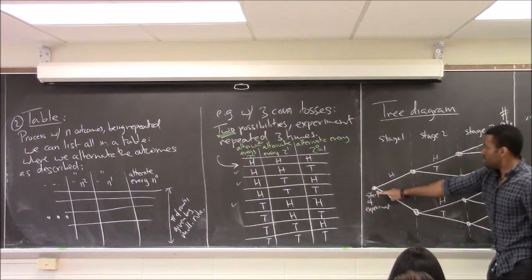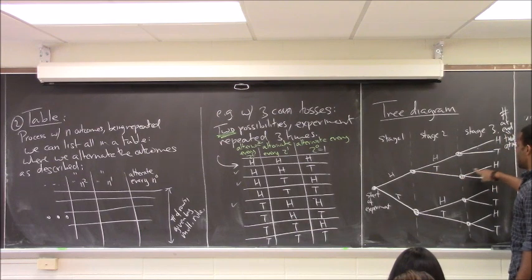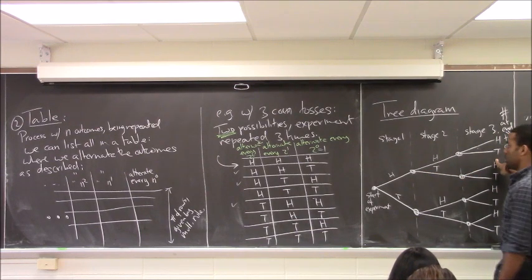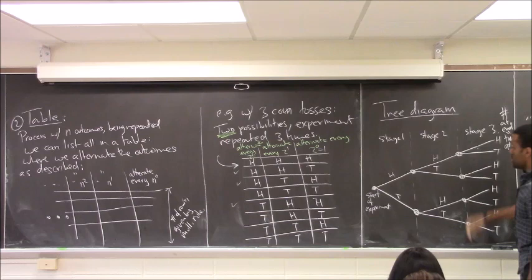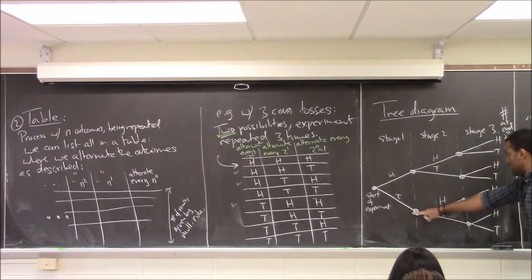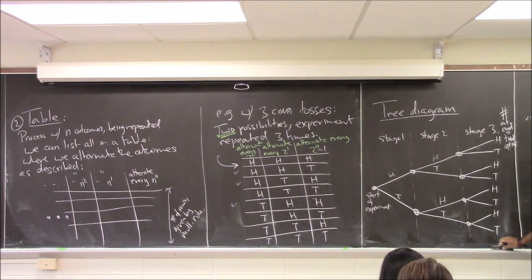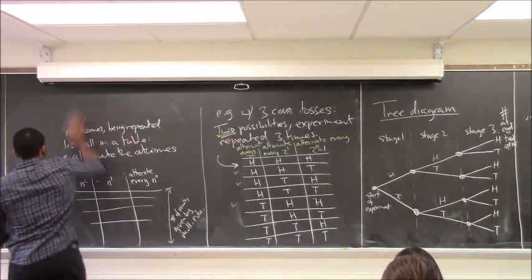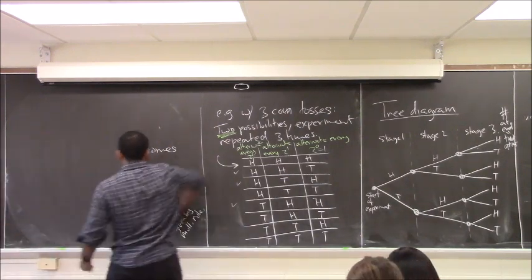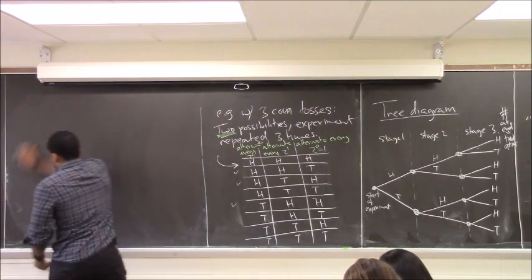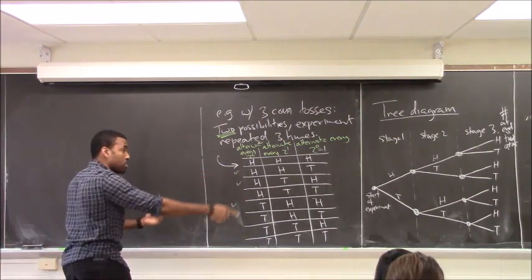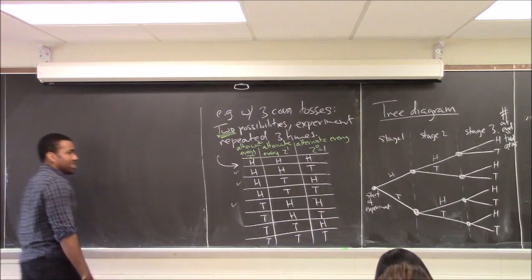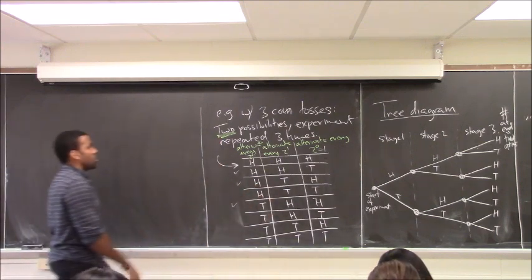Or I could have heads, then tails, then heads, and such a possibility is represented by this row. Or I could have heads, then tails, then tails, or a tail, then a head, then a head, then a tail, then a tail, then a head, etc. Right? This is actually all of them. So each arm here represents one possibility. These are all possible timelines. I mean, Thanos snapped in one of them, or he didn't in the other one. Right? There are 8 possible futures for this coin toss.